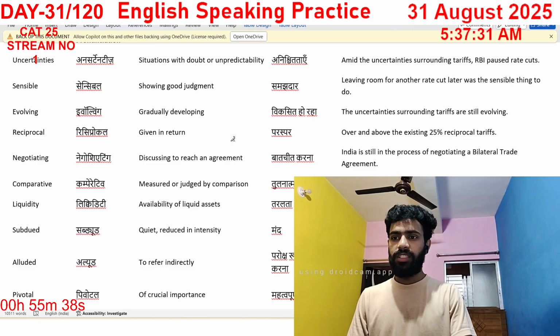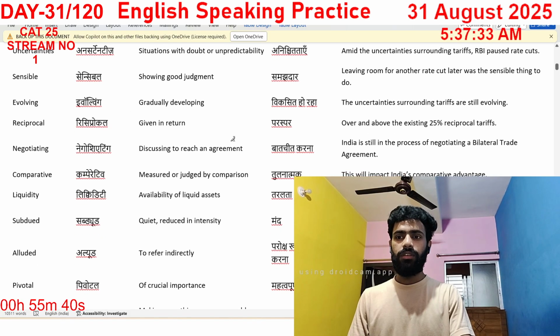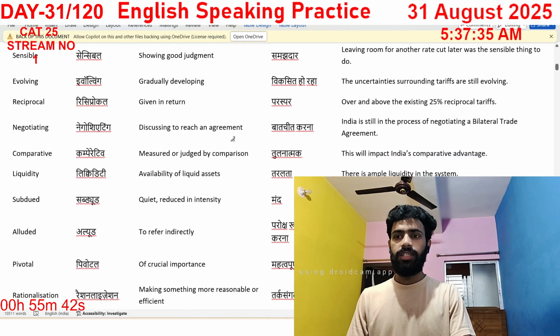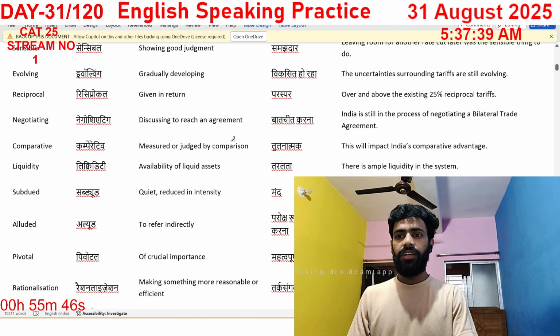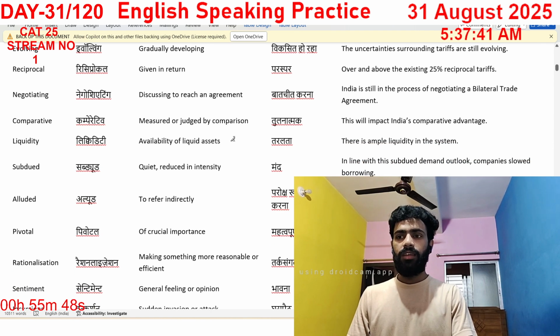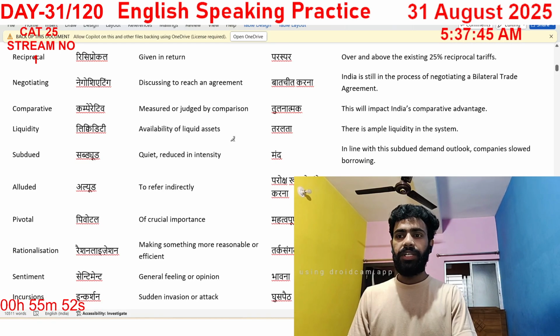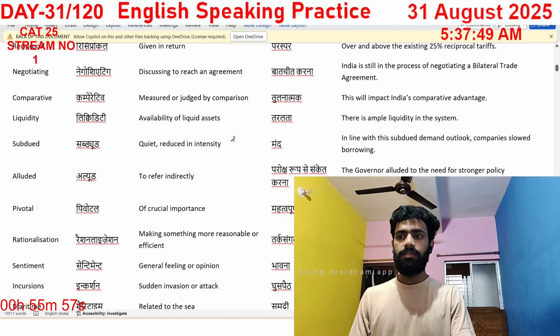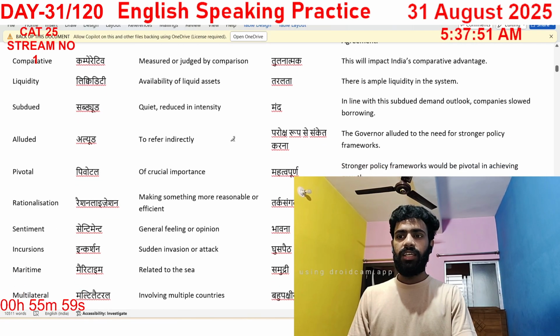Evolving means gradually developing, विकसित हो रहा. Reciprocal, give in return. Negotiating, discussing to reach agreement. Comparative, measured or judged by comparison. Liquidity.